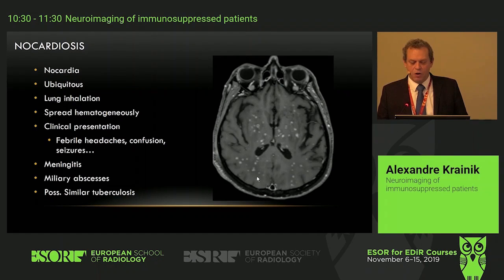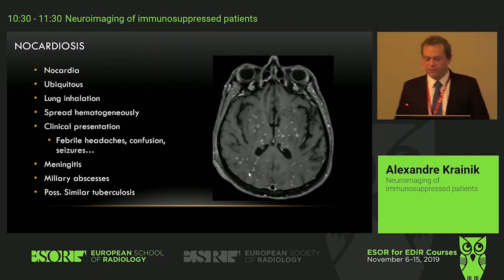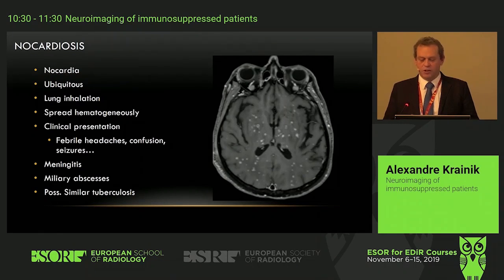Little abscesses all over the brain with distribution in the deepest areas and also superficial areas. The presentation of this disease is not specific, but it's quite suggestive. This heterogeneous spread is seen in nocardiosis, with tuberculosis and other germs.